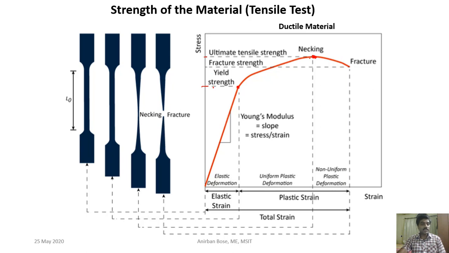So by strength we mean specific stress values, and those are experimentally found and listed in the material handbook. Here you can see another strength value: the fracture occurs at this strength. This is called the fracture strength of the material. In this way we get different strength values of the material.